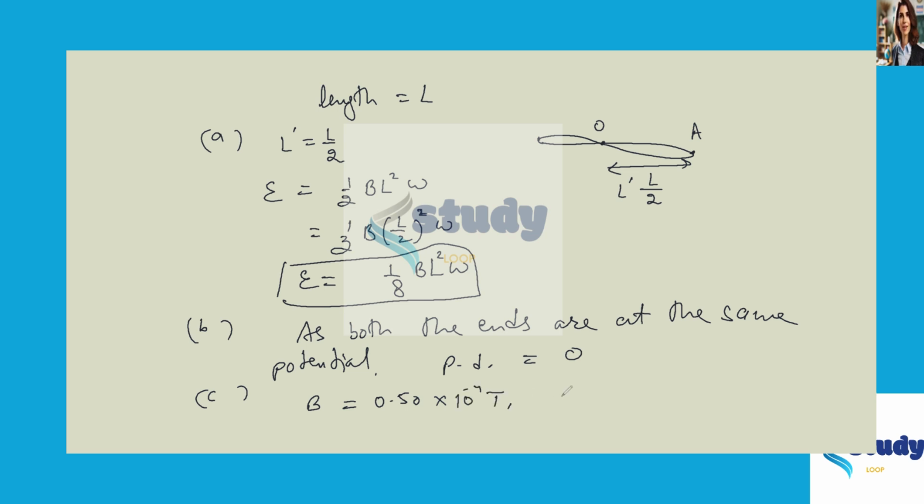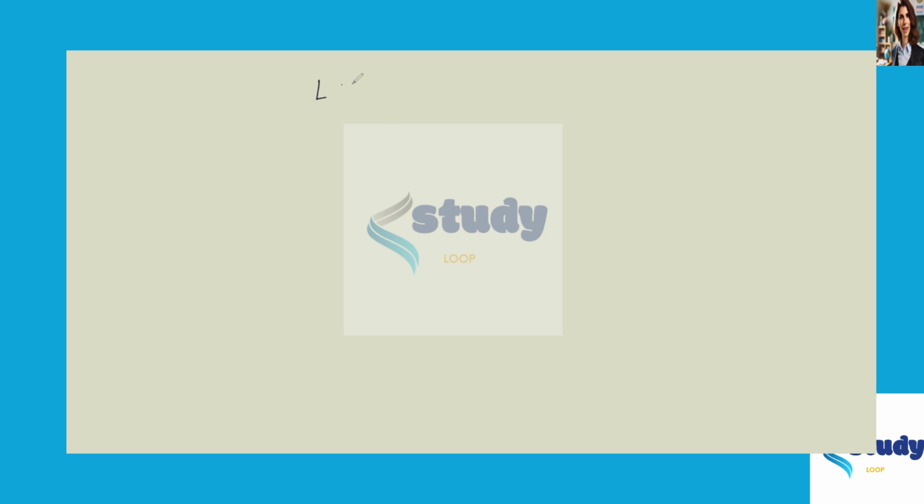The angular speed, that is the rate of rotation or frequency of this propeller, has been given as 220 revolutions per minute, or we can say 220 by 60 revolutions per second. And the length of the propeller has been given as 2.0 meter.